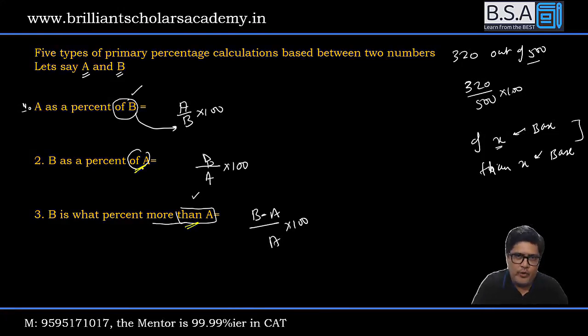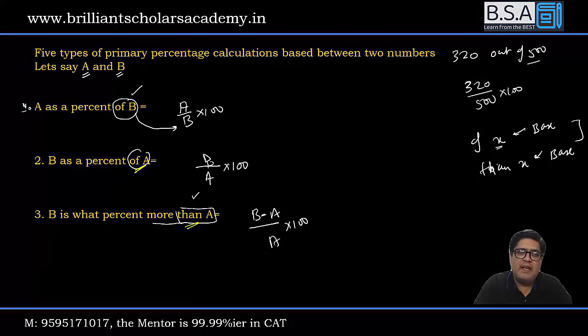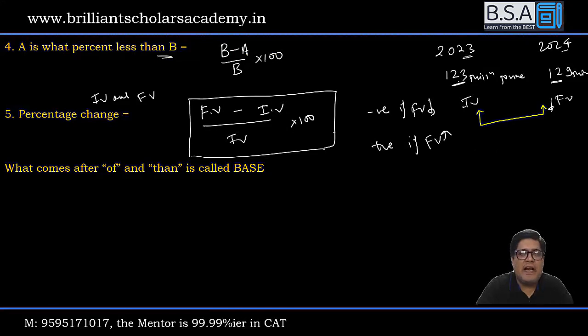There are four usual calculations: A as a percentage of B, B as a percentage of A, B is what percentage more than A, and A is what percentage less than B. These are the four common calculations between two numbers A and B. And the fifth kind of calculation is percentage change between the numbers.